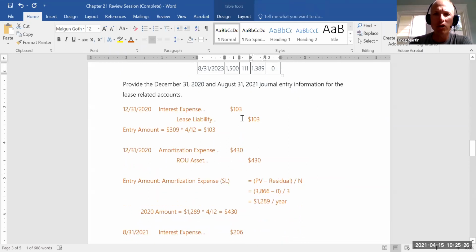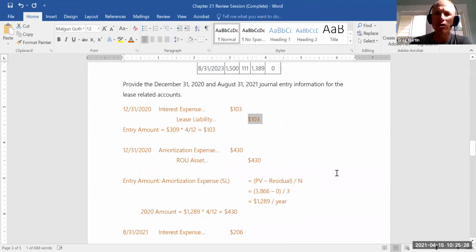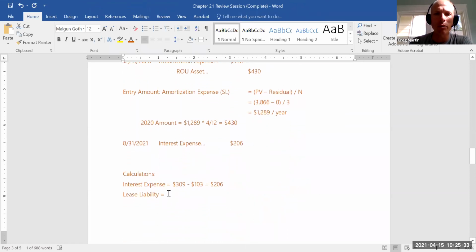We can see that that is the amortization amount for the lease liability. However, we also accrued $103 to the lease liability as well. And so what that tells us is that the lease liability actually has two components. It has the table amount, $1,191, and it also has the entry amount of $103 from 12/31/2020.